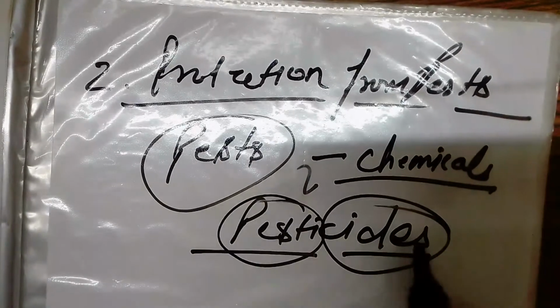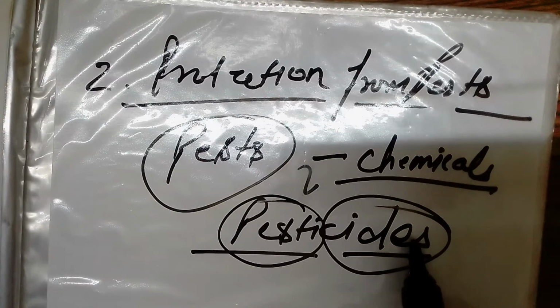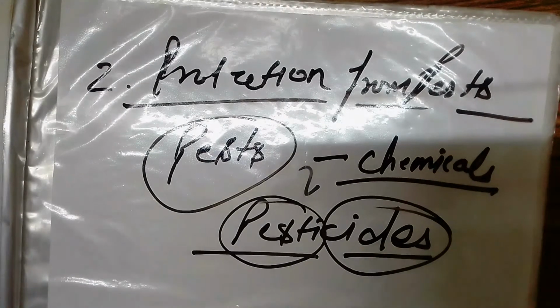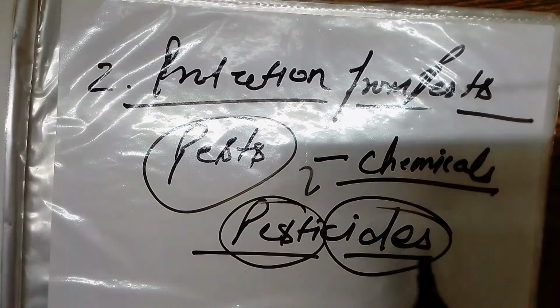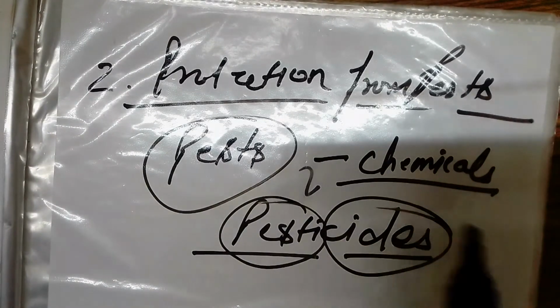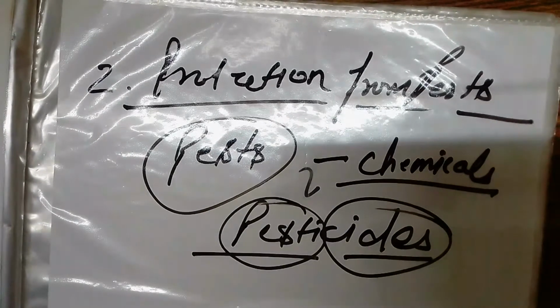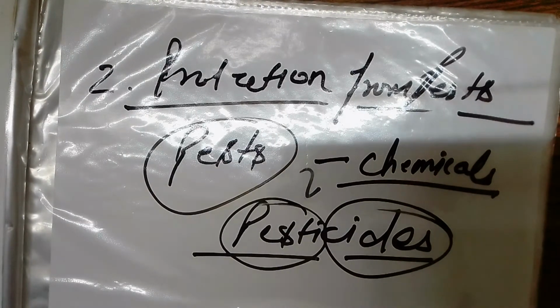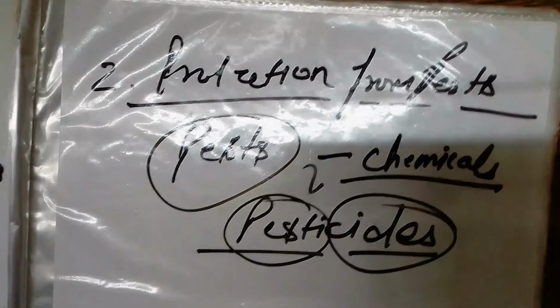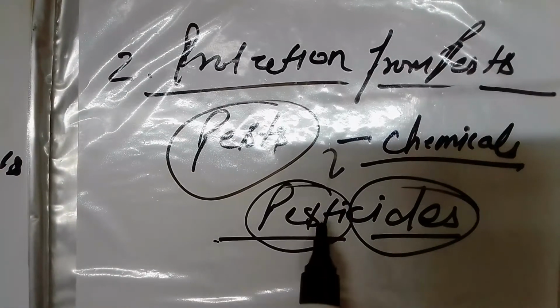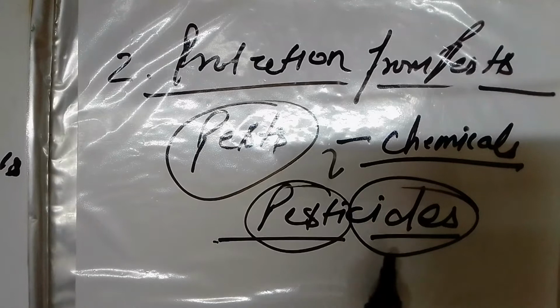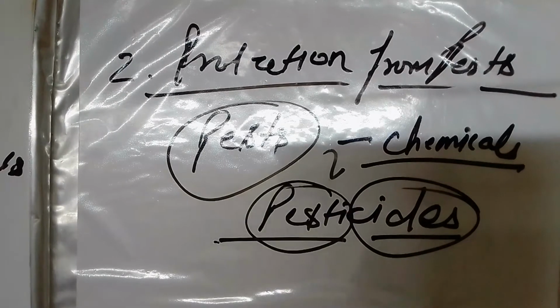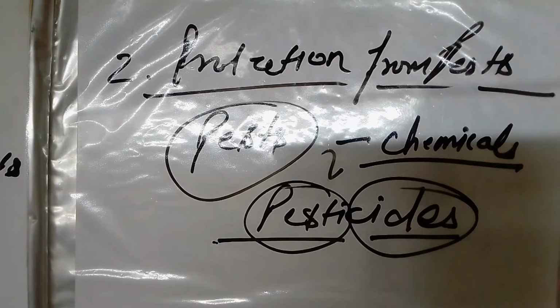So the chemicals which are used to kill the pests are called pesticides, and weedicides means the chemicals which are used to kill the weeds. That is the difference between weedicides and pesticides. So by spraying pesticides, we can kill the pests.